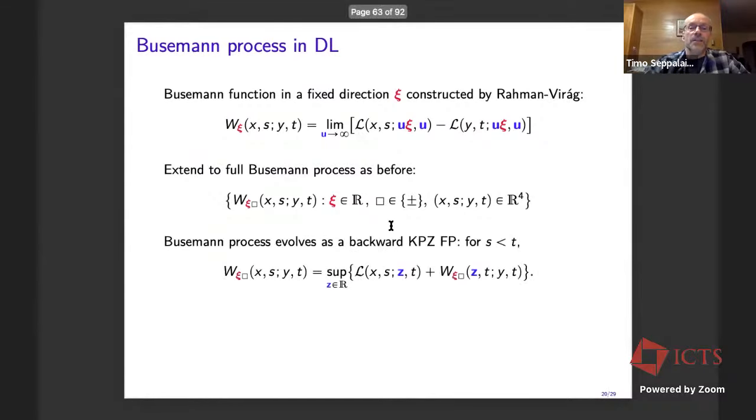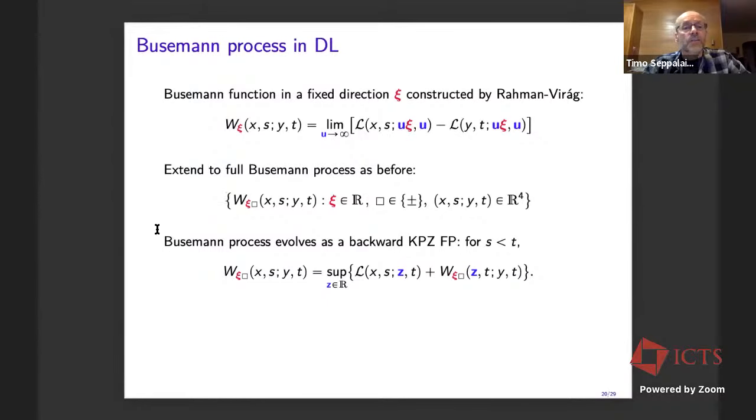And just like before, we want to ask, can we say something about the distribution of these things? Now, already Rahman and Virag knew that if I take s equals t here in this Busemann function, then this is a Brownian motion with diffusion constant square root 2 and drift 2 times xi. So the distribution of an individual Busemann function on a fixed time level was known.